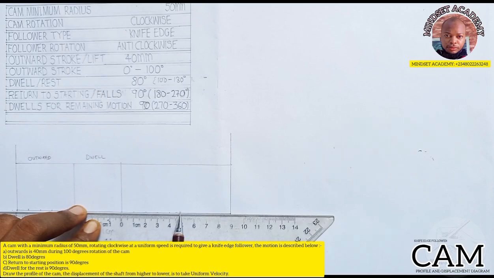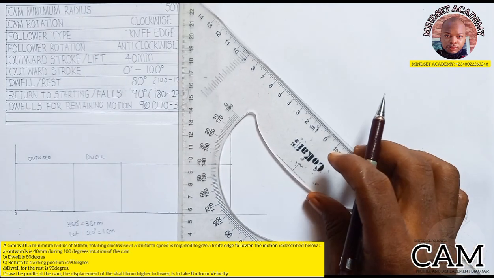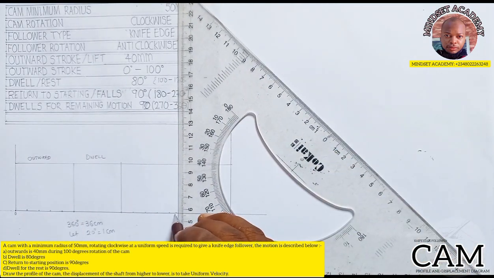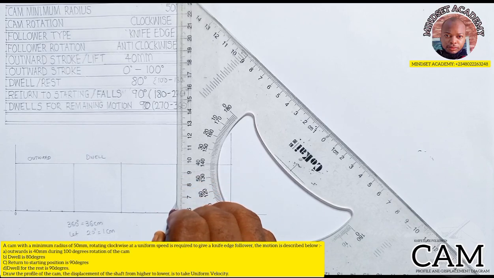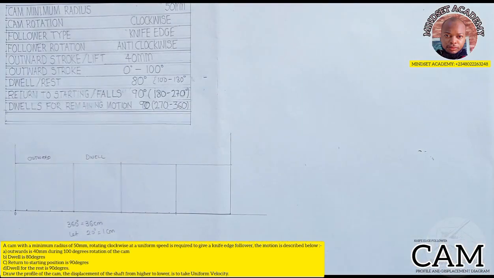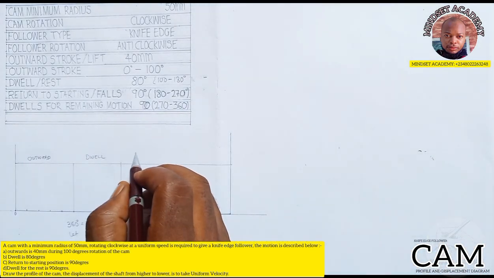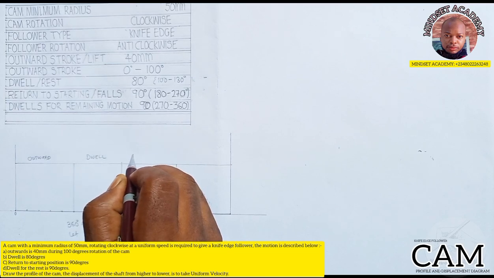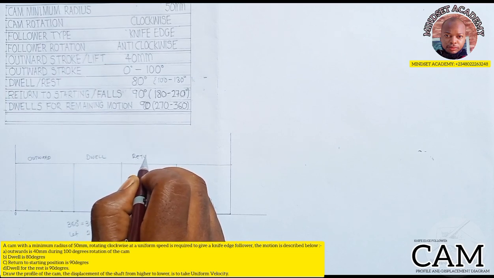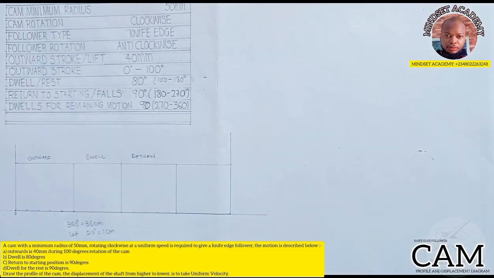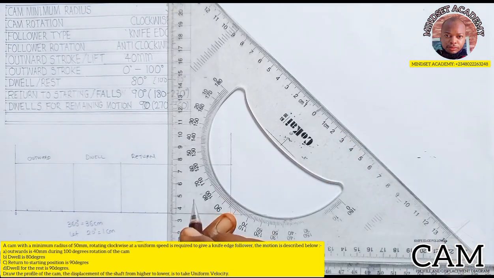In between 4 and 5 will be 90. Then I'll take it up this way. Can you see that? So this is the return stroke. Return. So the rest is what? 12. So I'm going to take all this up this way.